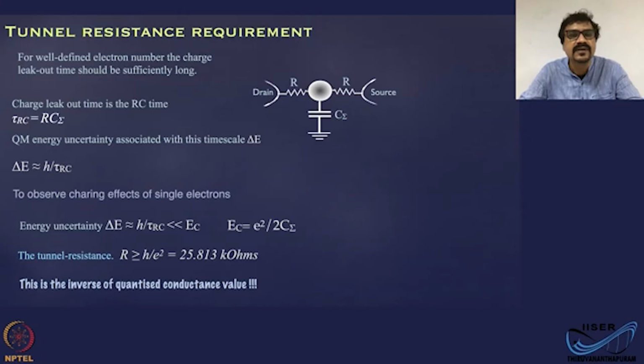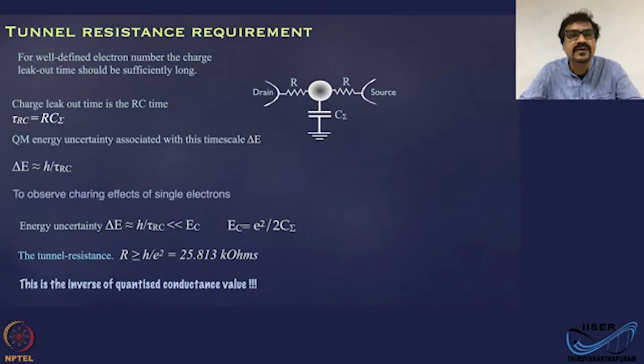Okay. Now let us look at this electrically, because these are electrical circuits, but you are observing quantum mechanical effects. So electrically, what does this time uncertainty mean? You have a quantum dot with a certain capacitance C sigma.